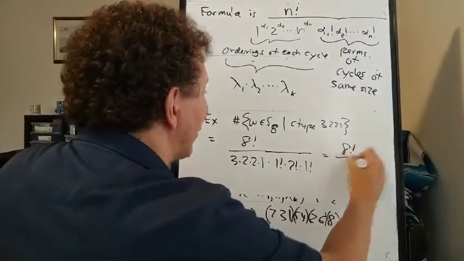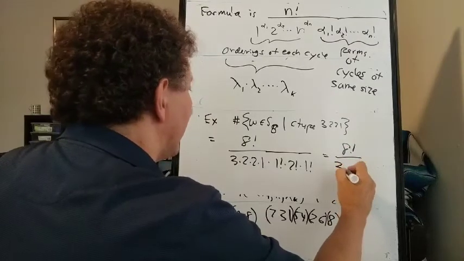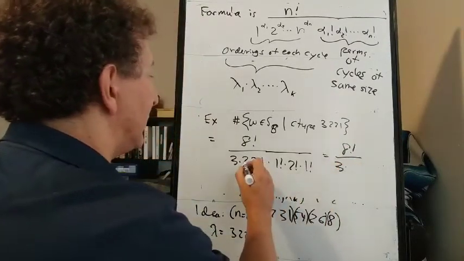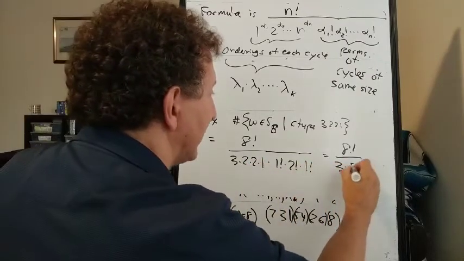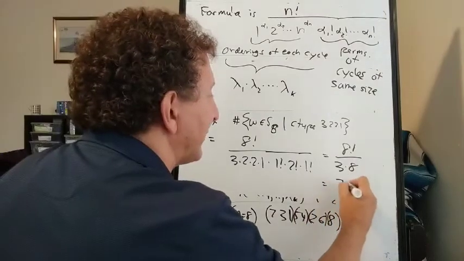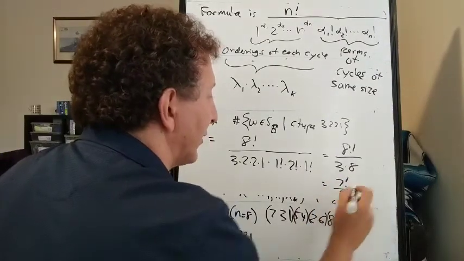So 8 factorial over 3 times 2 times 2 times 2 times 8. So I guess if we wanted to simplify that, 7 factorial over 3.